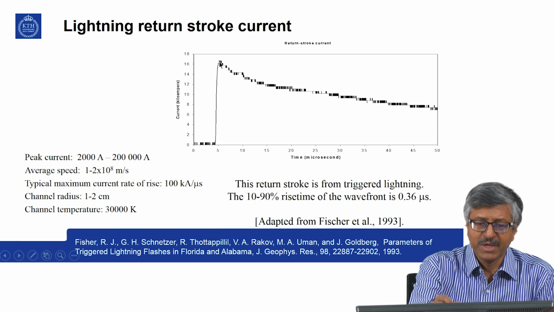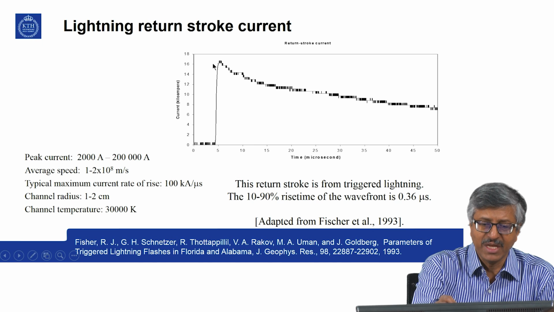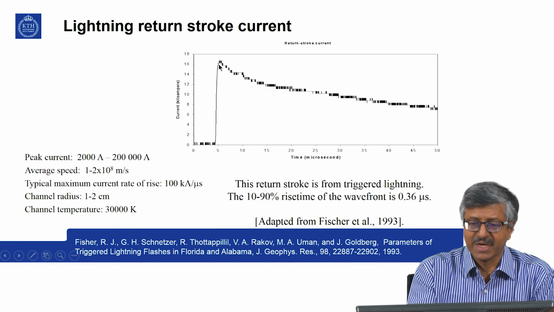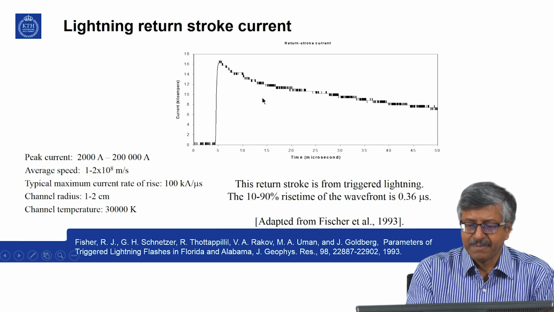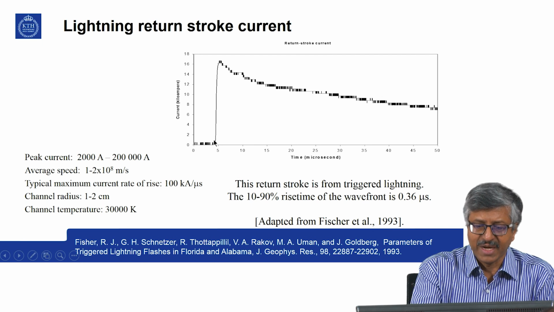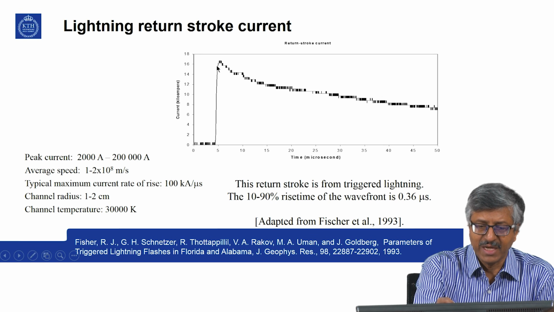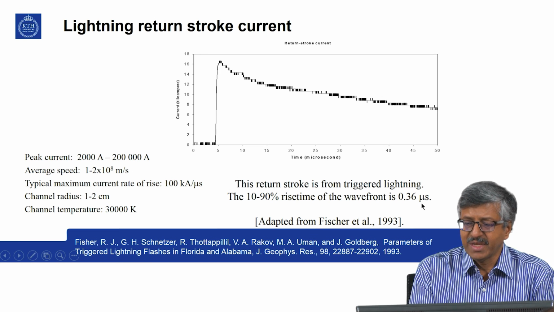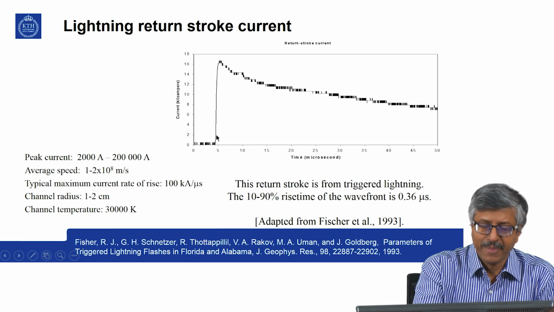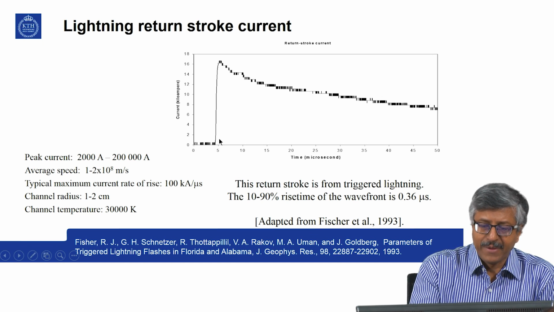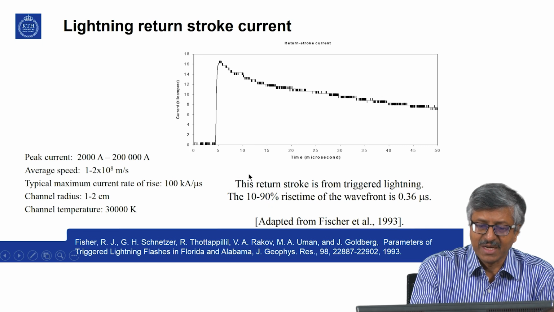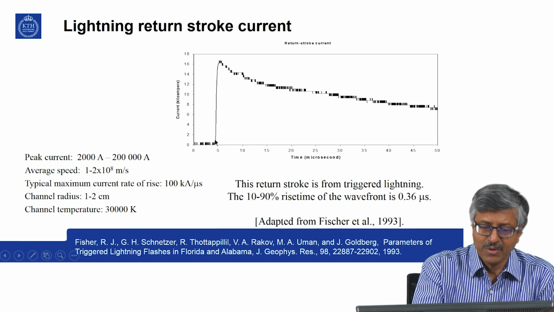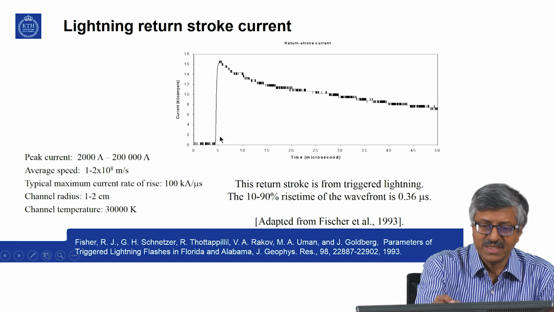And in this particular return stroke, it has got 16 kiloampere, 16,000 ampere peak current, and the 10 to 90% rise time, that is from 10% of the peak value to 90% of the peak value, is 0.36 microsecond. So 10% and 90% are taken to remove some of the uncertainty at these junctions.